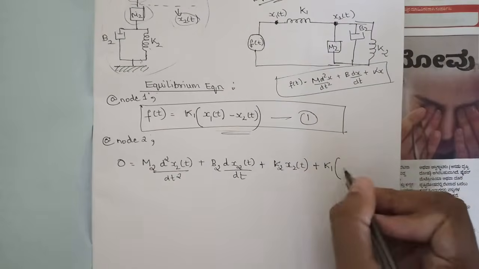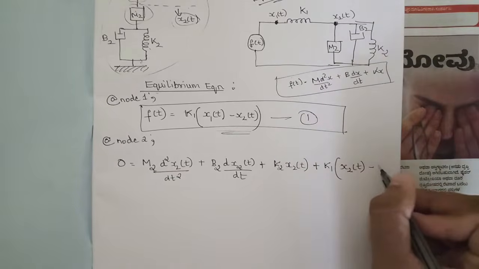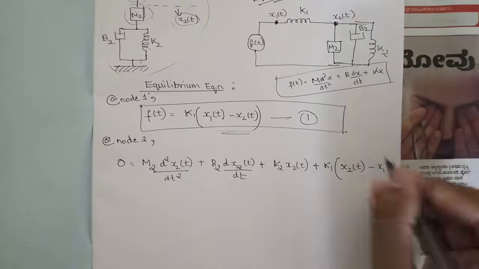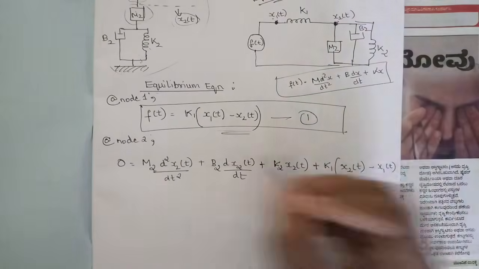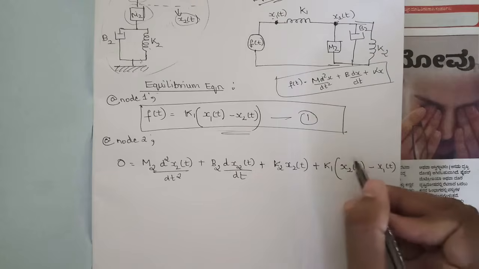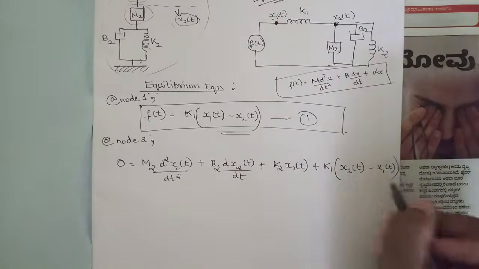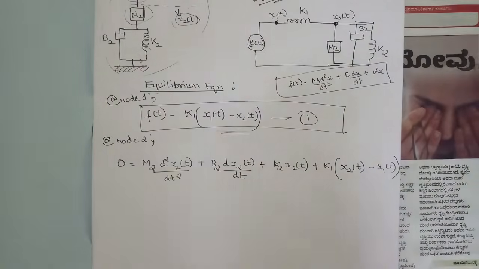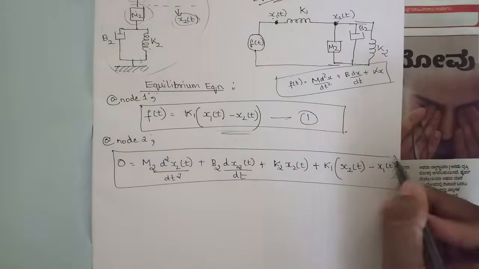So k1 into, first write x2 of t minus x1 of t, because this k1 is attached between these two nodes. Since we are considering this node now, first we need to write x2 of t and subtract x1 of t from it. In this way we end this equation here as well.